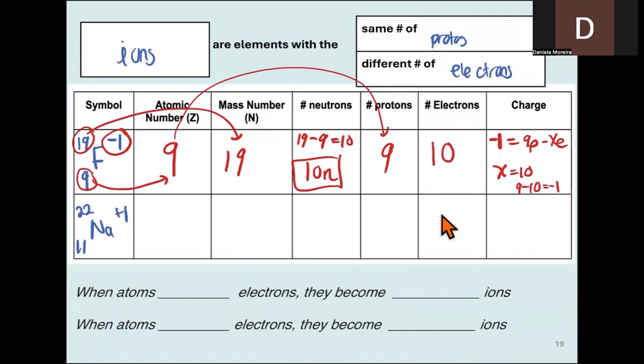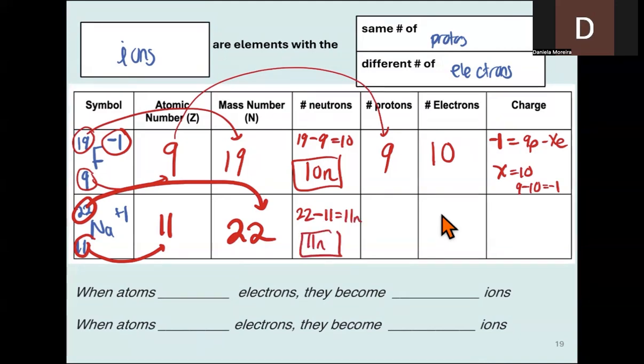For sodium, we identified the atomic number is 11. The mass number is 22. There are 22 minus 11 equals 11 neutrons. There are 11 protons. And we have a +1 charge.